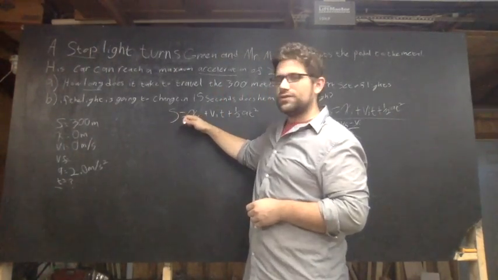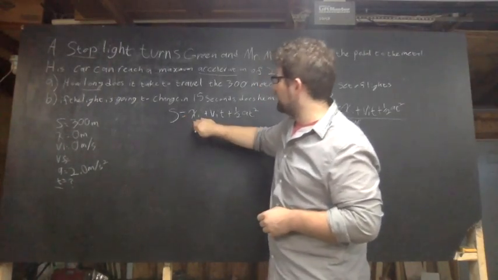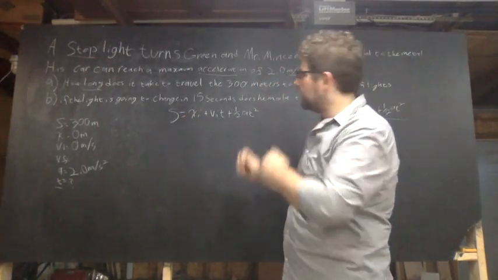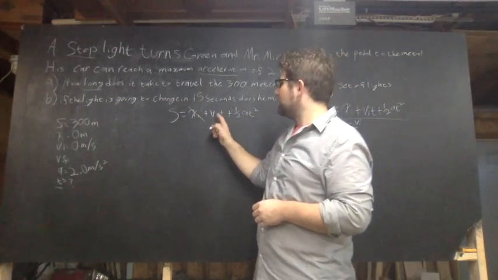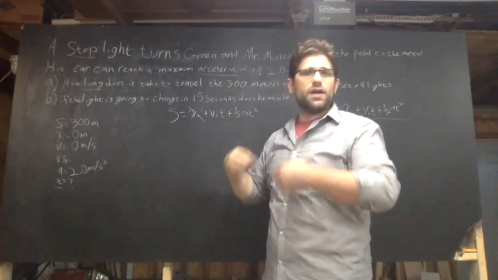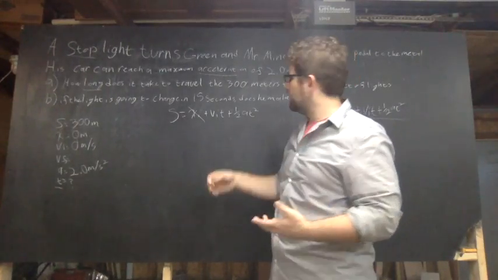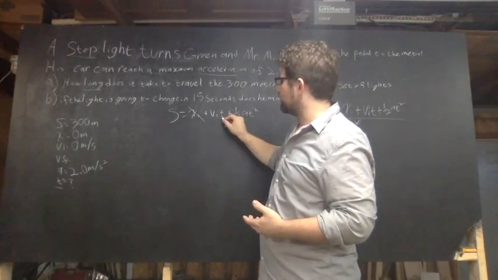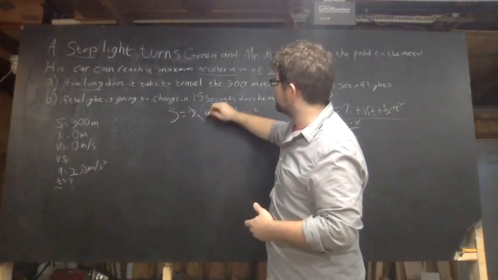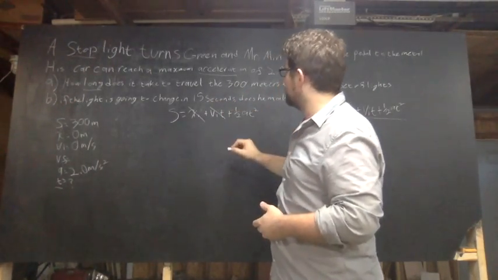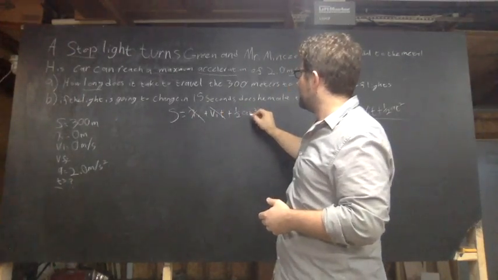So I know xi is 0, and I know that anything plus 0 is going to be the other thing. So I can actually just drop it from my equation. I know that vi is 0, and I know that 0 times anything else is 0. So vi and t together would be 0. So I know that this will drop as well. So I'm left with s is equal to 1/2 at squared.